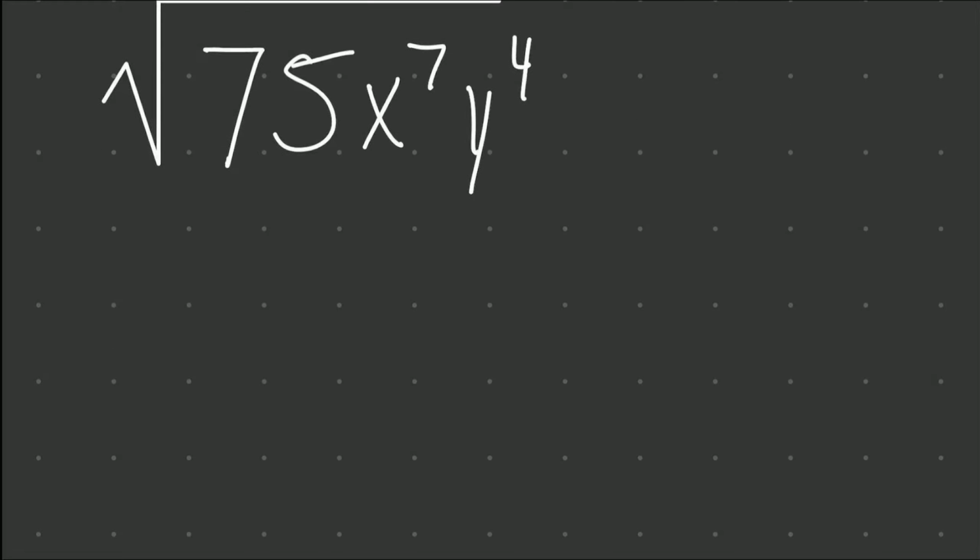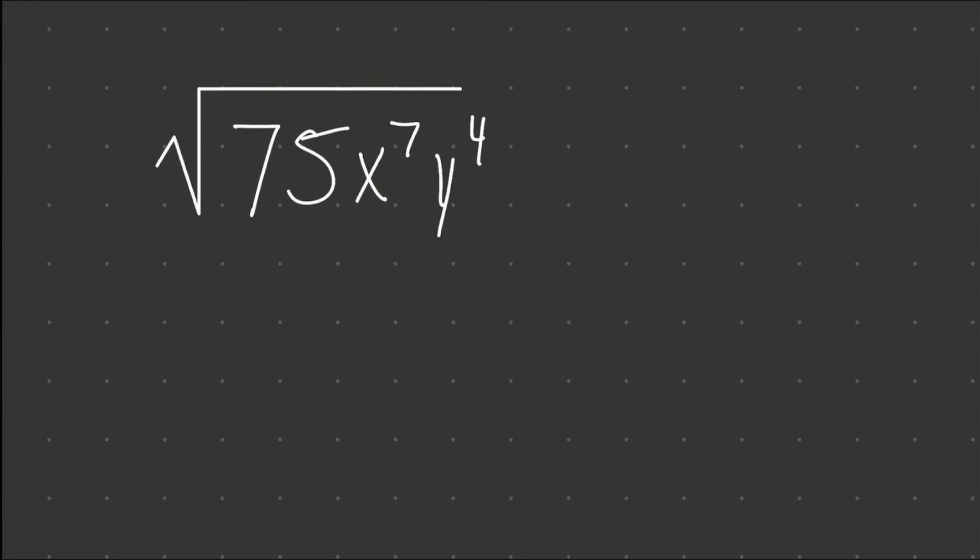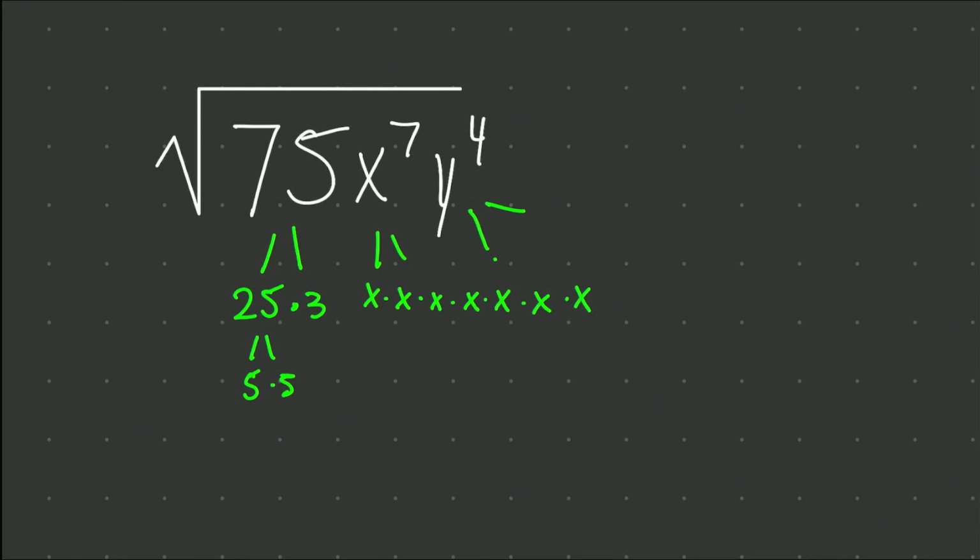If we break down the 75, it'll turn into 25 times 3, or 3 times 5 times 5. In terms of this x, this breaks down into x times x times x times x times x times x times x, just for visual representation. And this y is going to break down into y times itself 4 times.